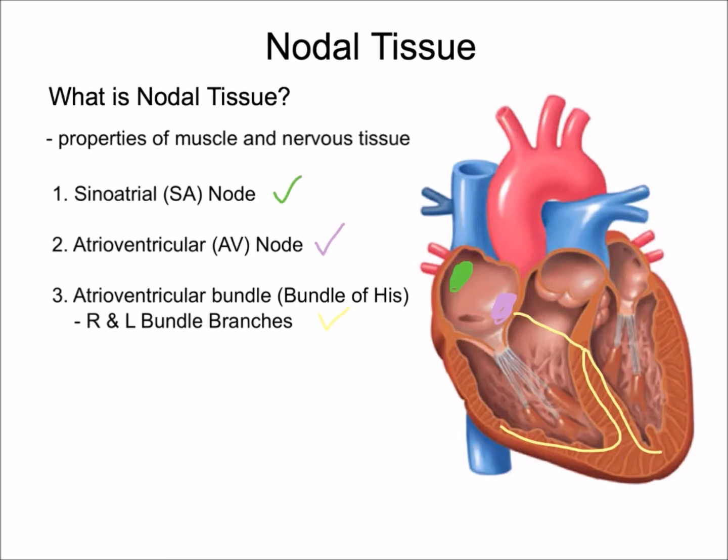The atrioventricular bundle, along with the right and left bundle branches, will travel through the interventricular septum and up the walls of the left and right ventricles. And finally, the right and left bundle branches will create smaller little branches called Purkinje fibers. Purkinje fibers extend up into papillary muscles and aid in the closing of atrioventricular valves.